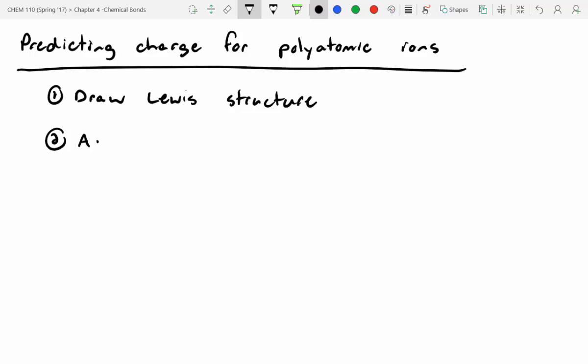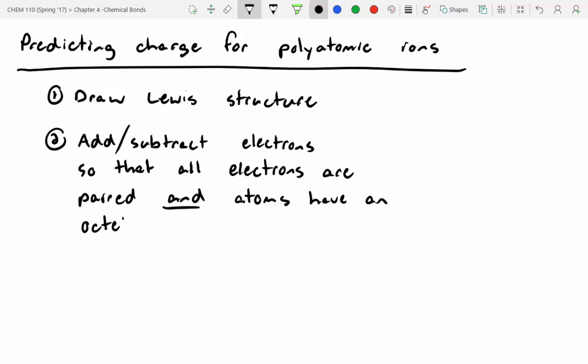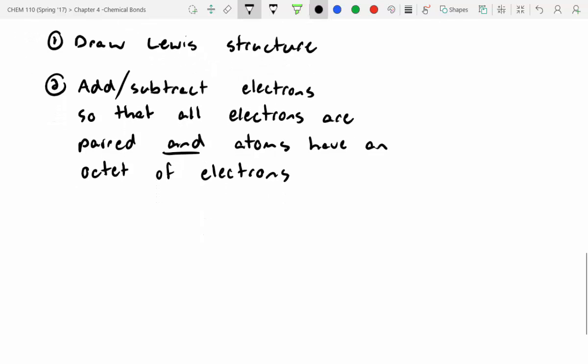Number 2 is add or subtract electrons so that all electrons are paired and all atoms have an octet of electrons. So let's do this one first.